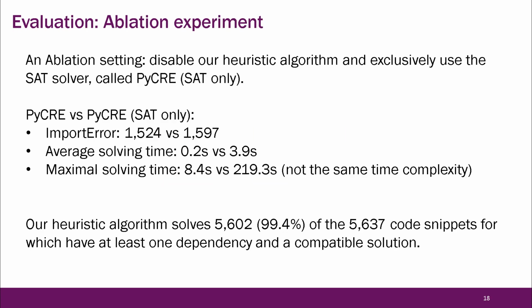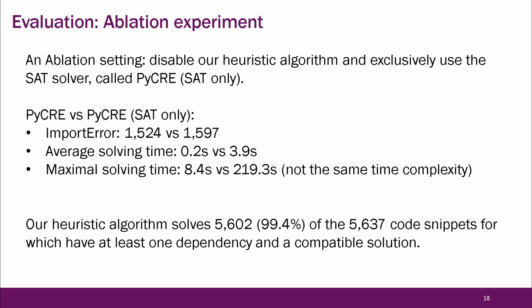To validate the effectiveness of our proposed heuristic algorithm, we exclusively use the SAT solver to conduct an ablation experiment, which is called PyCRE SAT only. As we can see, the heuristic algorithm is superior to SAT only in both effectiveness and efficiency.